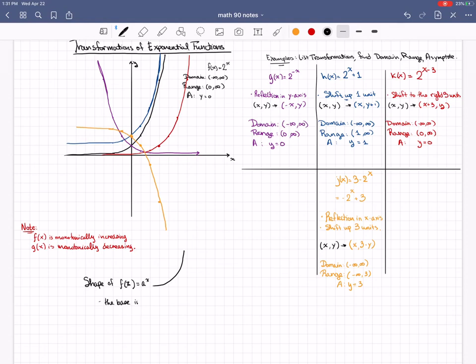The base impacts the steepness, so how steep this curve is. And transformations might shift it, flip it. But the basic shape remains the same.